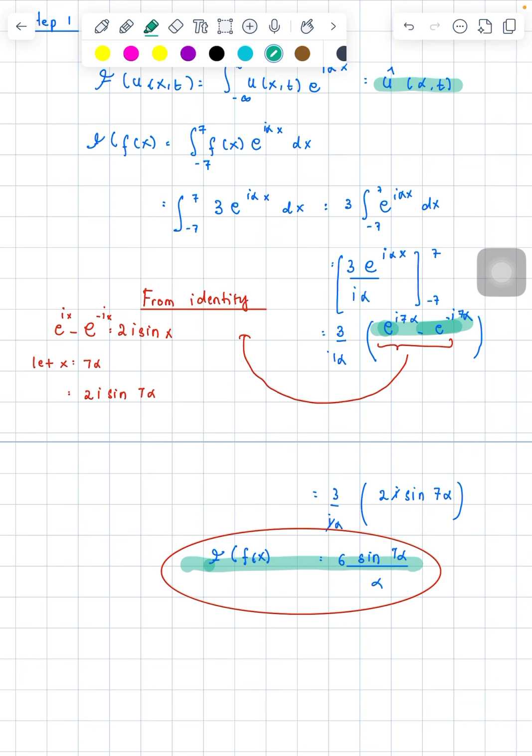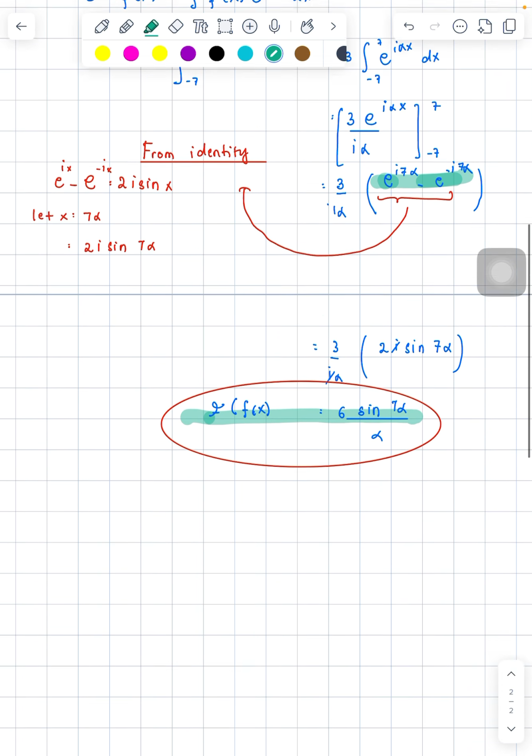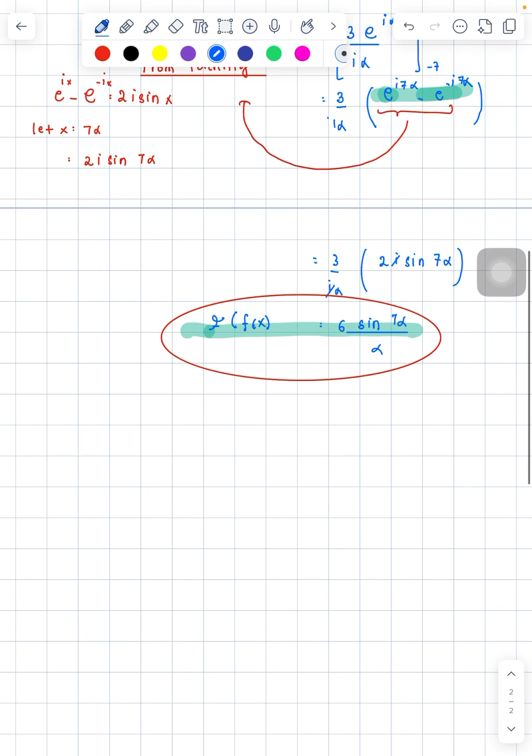Now we move to the second step. Step 2: we solve the ODE and find the general solution for u hat (alpha, t), meaning the Fourier transform of u(x,t).